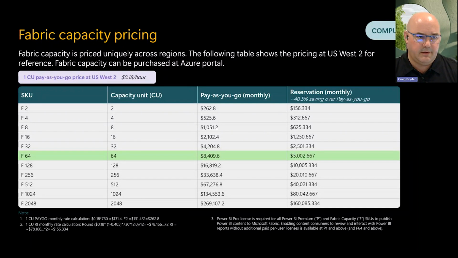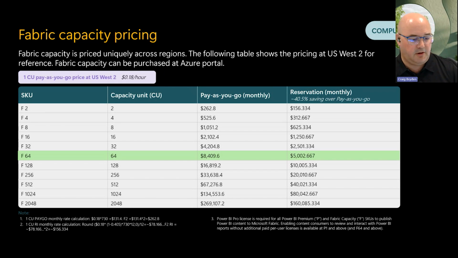You're also buying the ability to do bigger data sets, have more frequent refreshes and that sort of thing. But talking about the F64, that is the important mark to note where your consumers start becoming free.